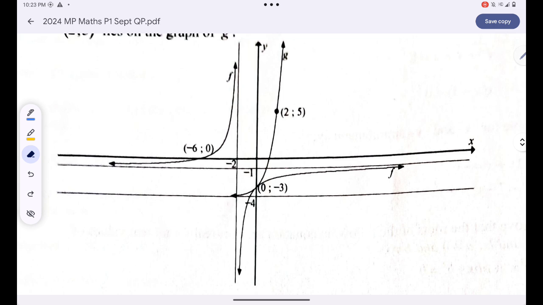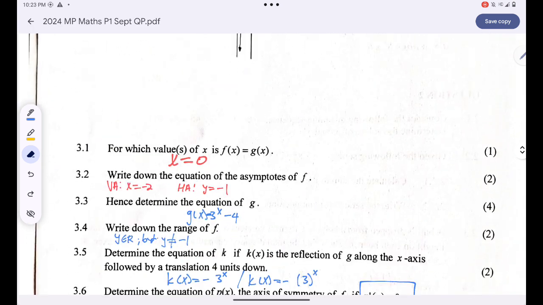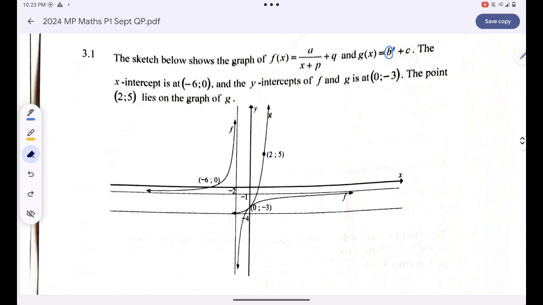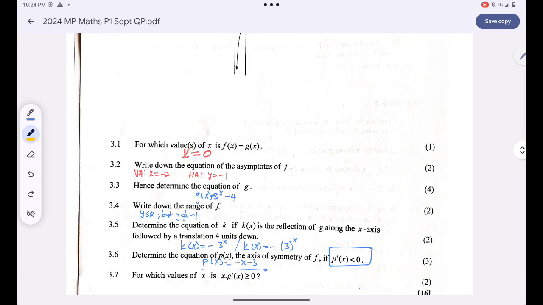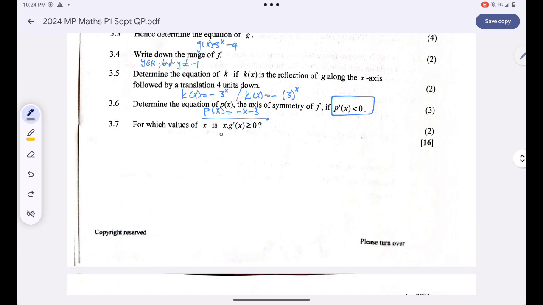So I'm just looking for the values of x whereby my graph is on the right hand side of the y-axis, because I know that both the derivative and the value of x will be positive. So the product of the two will just give me a positive answer. So over here, when x is greater than 0, my graph is increasing, number one, and x is obviously positive from the right hand side of the y-axis. So the answer over there, you can simply say x is greater than or equal to 0.